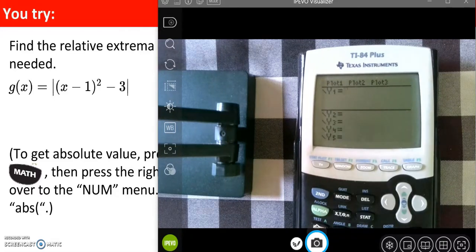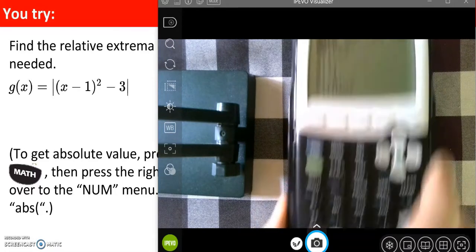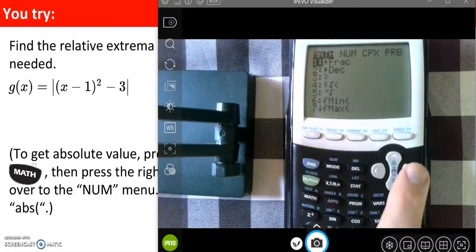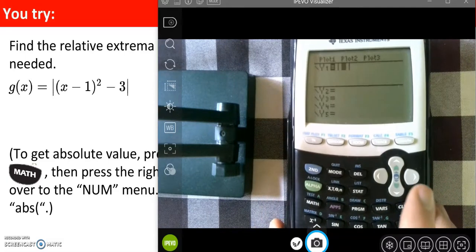Okay. This function involves an absolute value, and to find the absolute value, I need to hit the math button, and then go over to the number menu with the right arrow, and choose the very first option, ABS. And that will allow me to type in the inside part of this function.